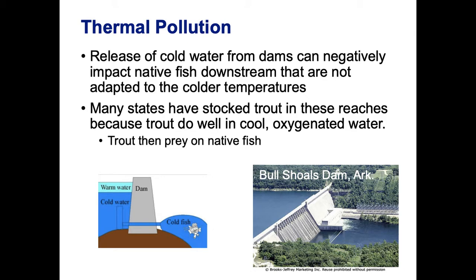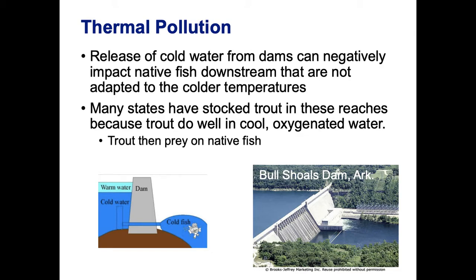Another thing that can happen is the release of cold water from dams. Depending on where the outlet of the dam is, if it draws from the bottom of the dam, it's going to have much colder water than at the top. And this can be bad for native aquatic organisms, particularly fish.